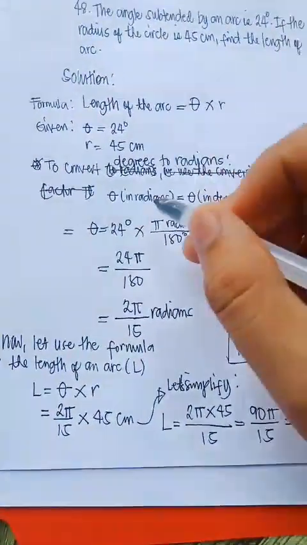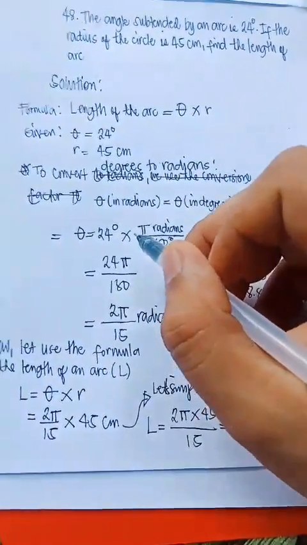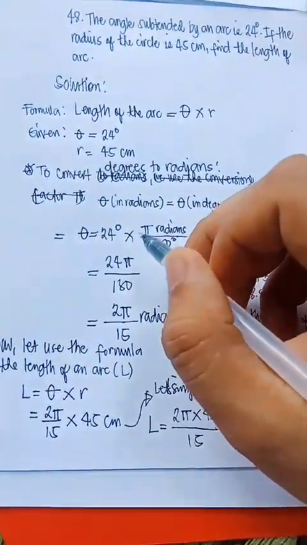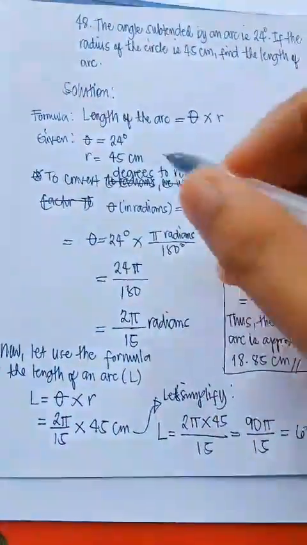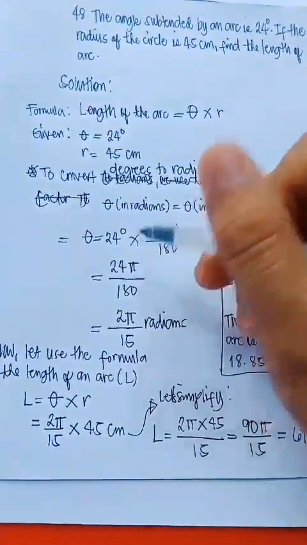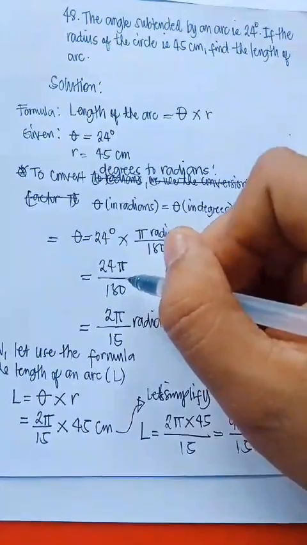Now let's substitute. Theta is equal to 24 degrees times pi radians over 180 degrees. What we do here is we multiply 24 times pi. That is why we have here 24 pi, and we simply copied 180 as the denominator.